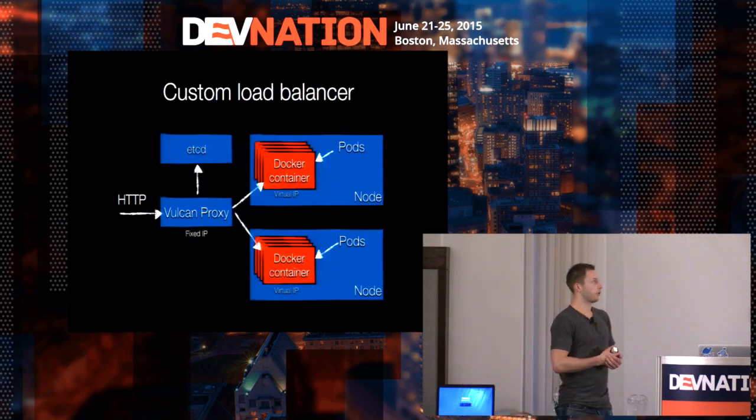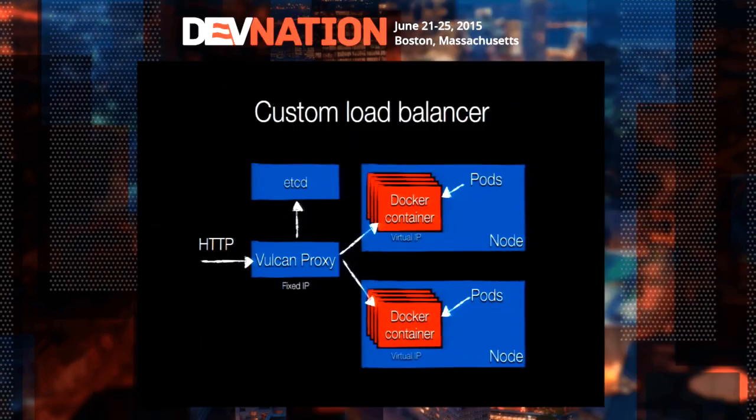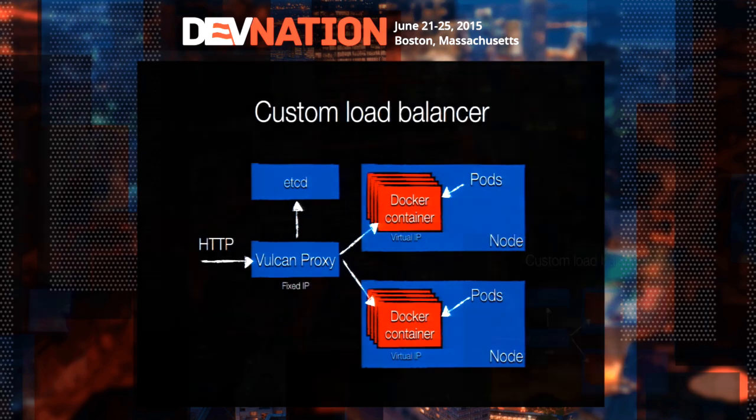So we take it a step further, and we introduce our own load balancer. In this case, it's a Vulcan proxy, but that could be Nginx or HAProxy or some other load balancer that you have. We just put that on a fixed IP address, probably the IP address of some machine that I dedicate to this in my cluster.